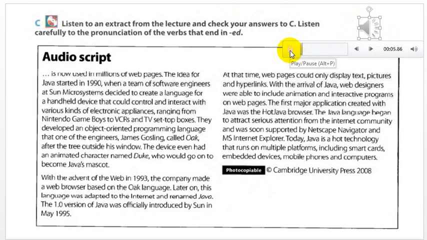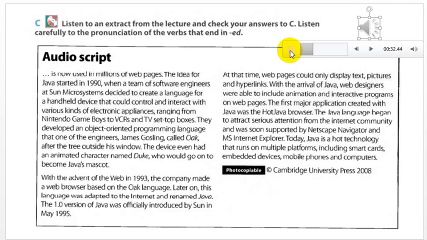Now used on millions of web pages. The idea for Java started in 1990 when a team of software engineers at Sun Microsystems decided to create a language for a handheld device that could control and interact with various kinds of electronic appliances, ranging from Nintendo Game Boys to VCRs and TV set-top boxes.